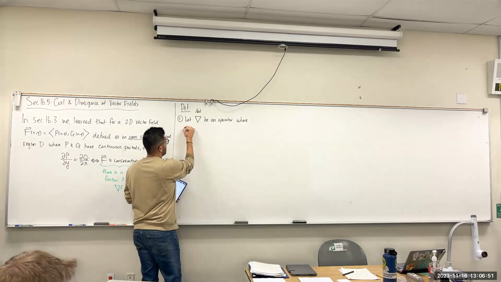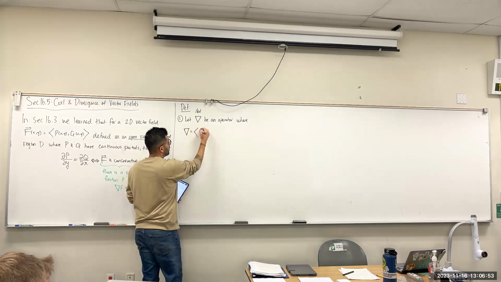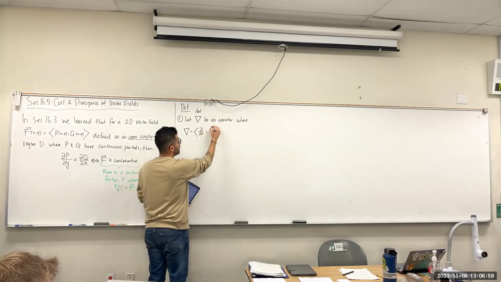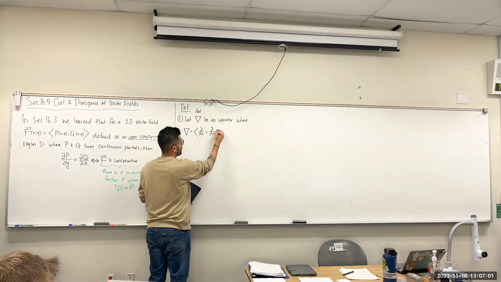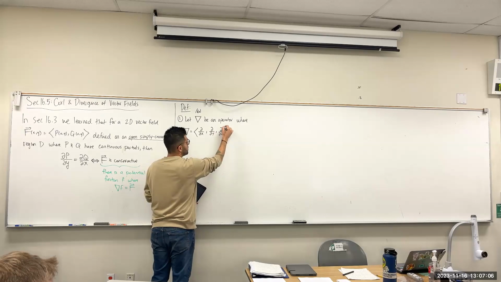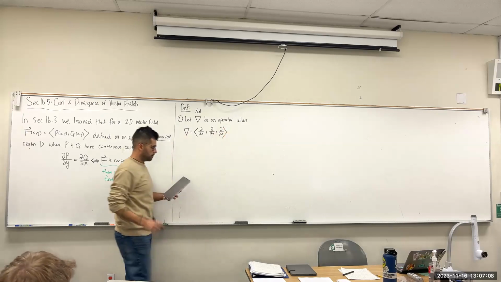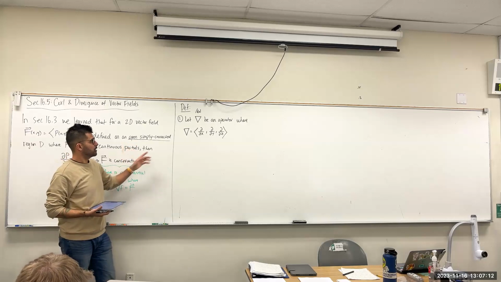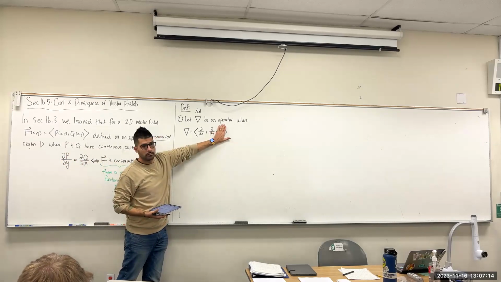Well, we're going to say del is the operator that takes the partial derivative with respect to x of something in the first component, takes the partial derivative with respect to y of something in the second component, and then with respect to z in the third component. For a two-dimensional version, it's just that. Okay?